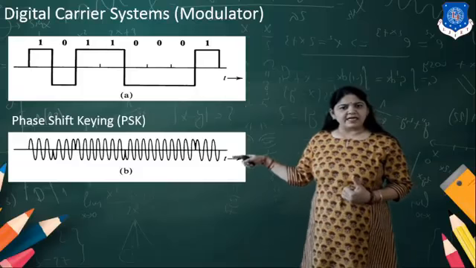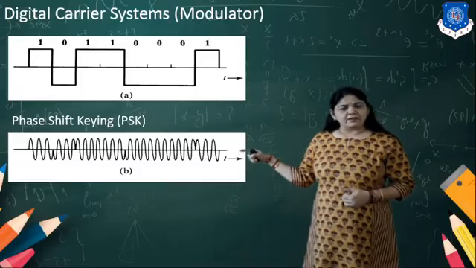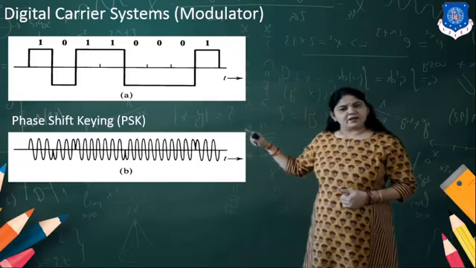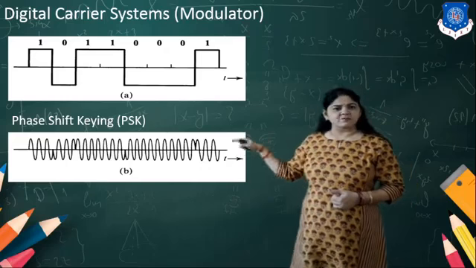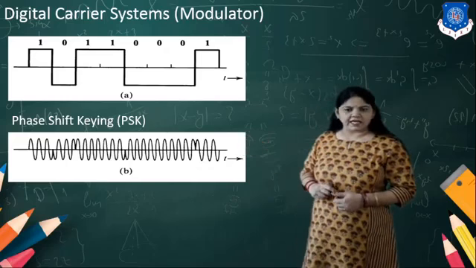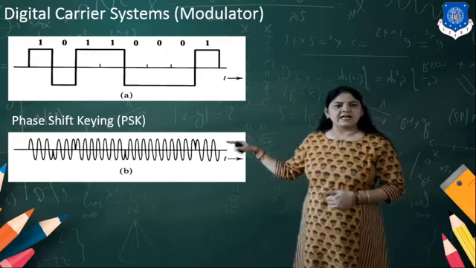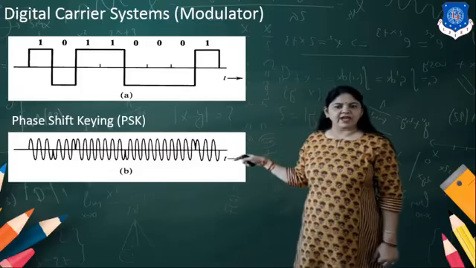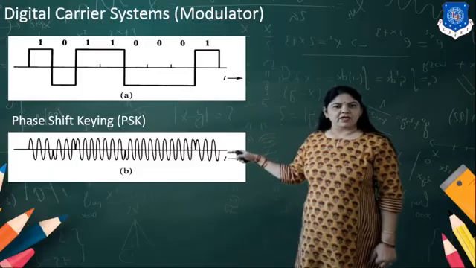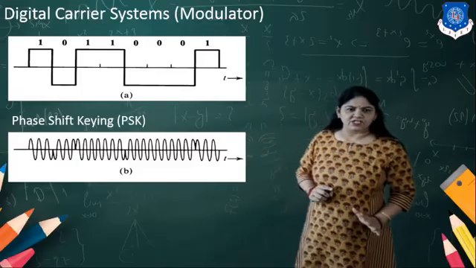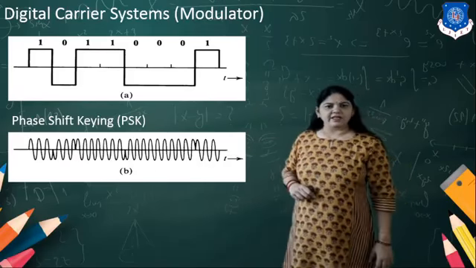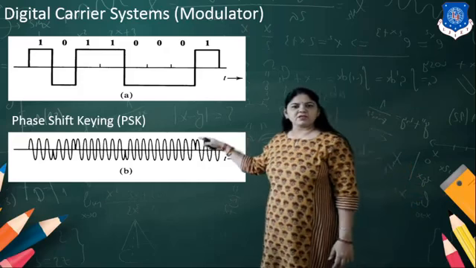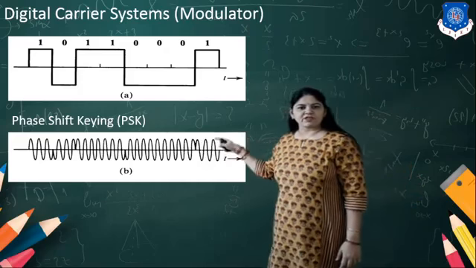So here in the diagram you can see the carrier signal as previously. For the 1, the data m(t) is multiplied with the carrier signal. So you can see the carrier signal present in the form of an analog signal with the 0 phase shift. Now for the 0 data you can see that it starts from the 180 degree phase shift.